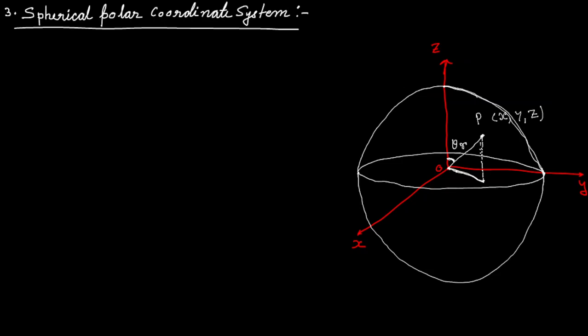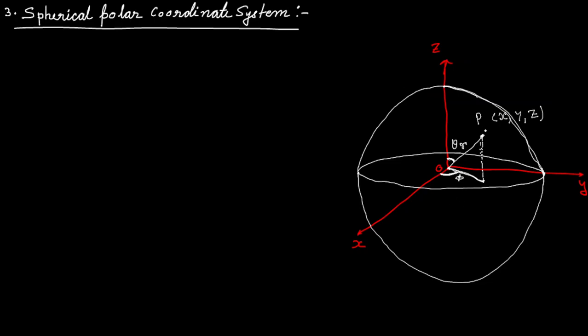Then the angle between this projection length on the xy plane and the positive x-axis is represented by another angle, and this angle is called phi. Okay. Phi.